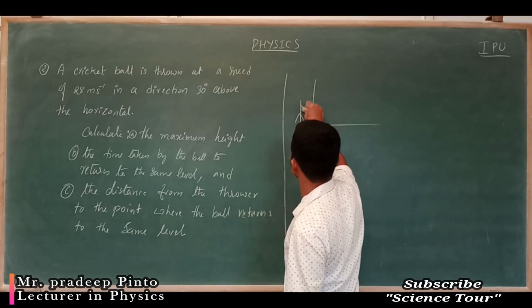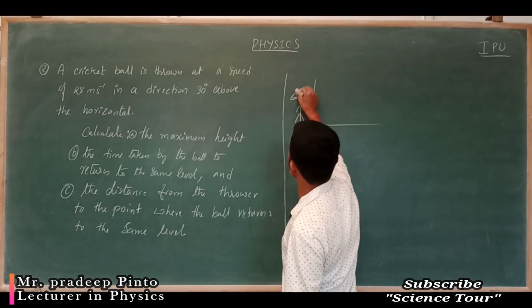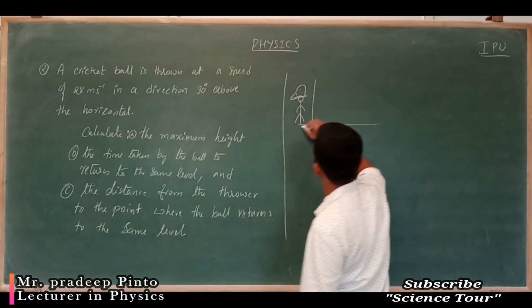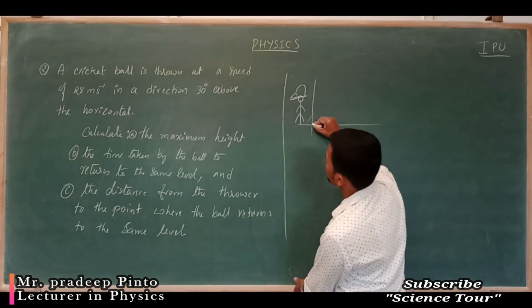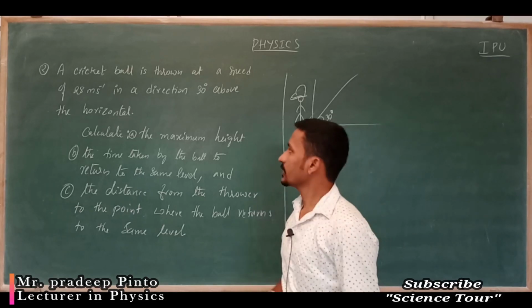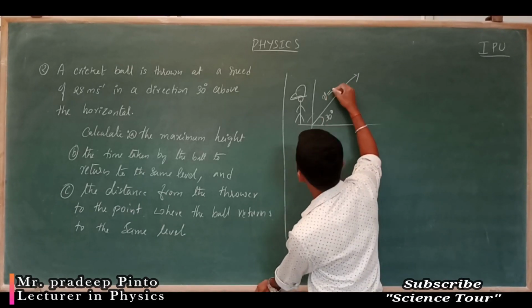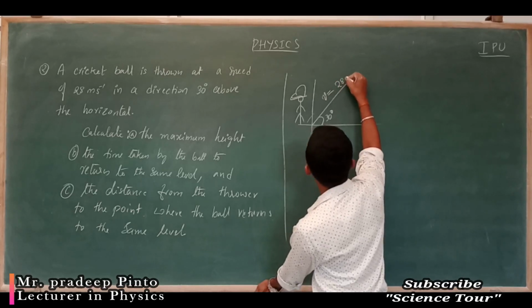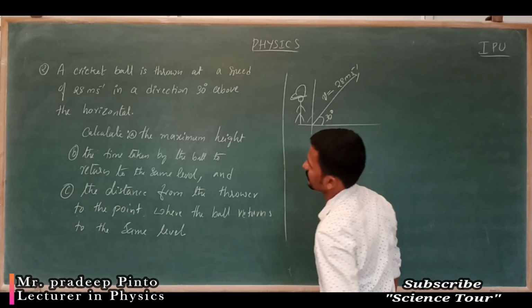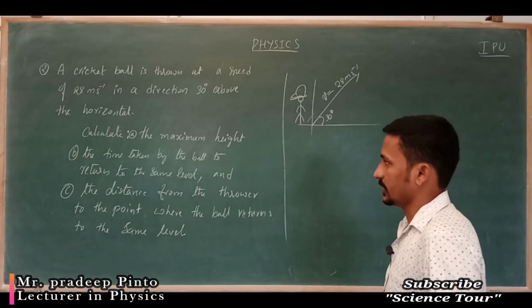The cricket ball is thrown in this way, at 30 degree, with a total speed of 28 meter per second in the direction 30 degree above the horizontal.